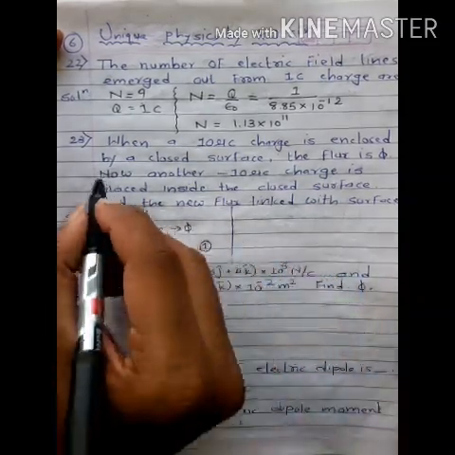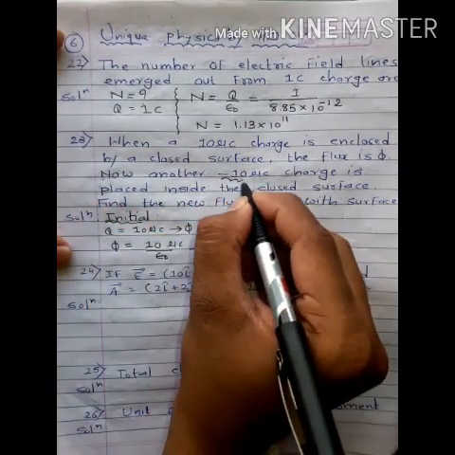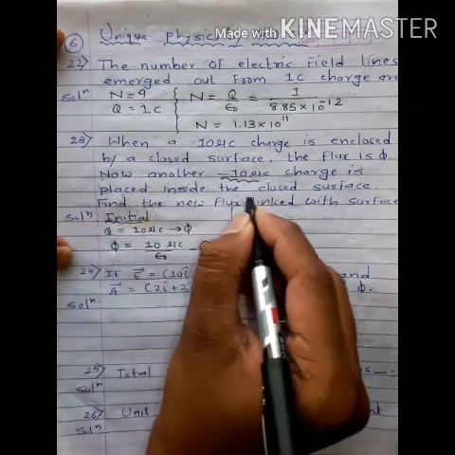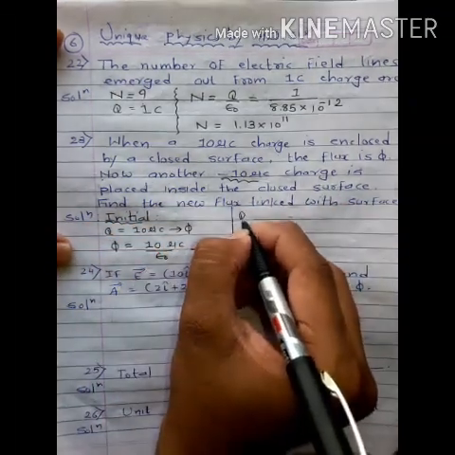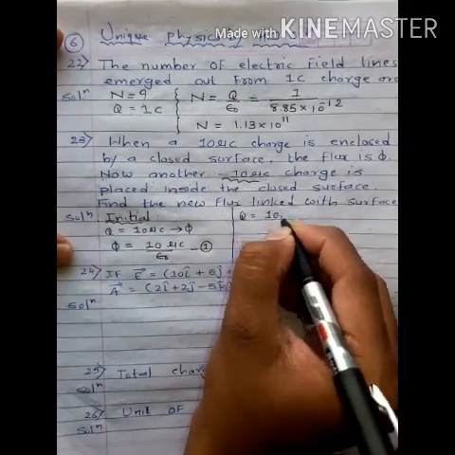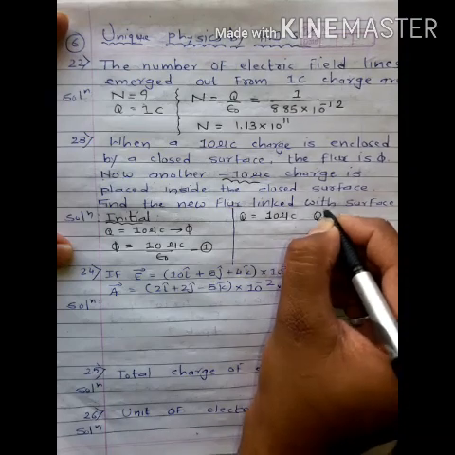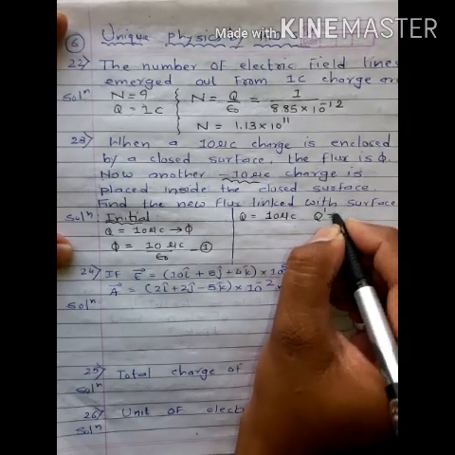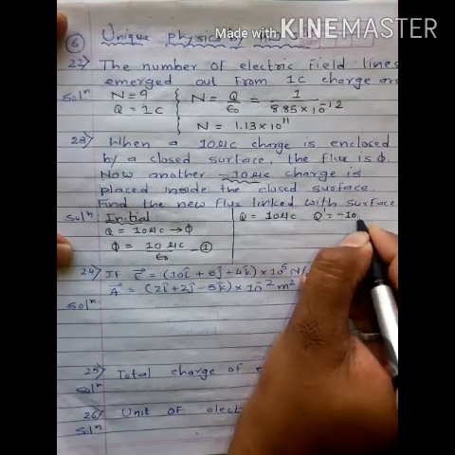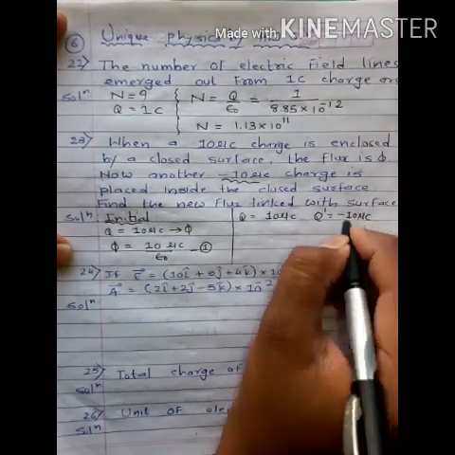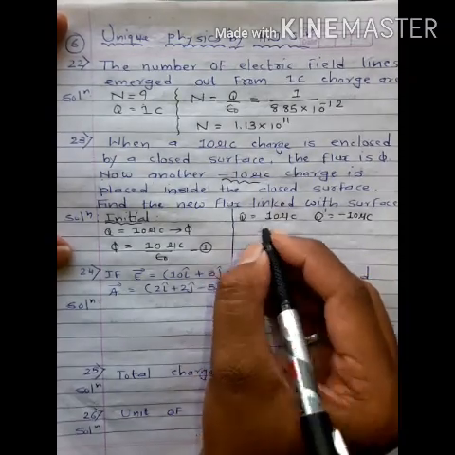Now the next condition. Another minus 10 microcoulomb charge is placed inside the closed surface. In the initial condition we have a 10 microcoulomb charge, Q. In the next condition we have another minus 10 microcoulomb charge, so Q dash is equal to minus 10 microcoulomb. So find the value of net charge.